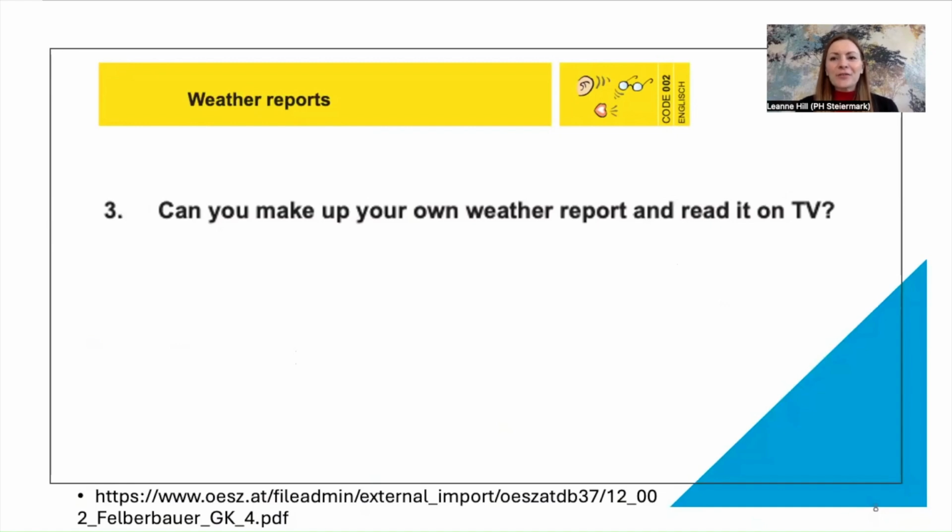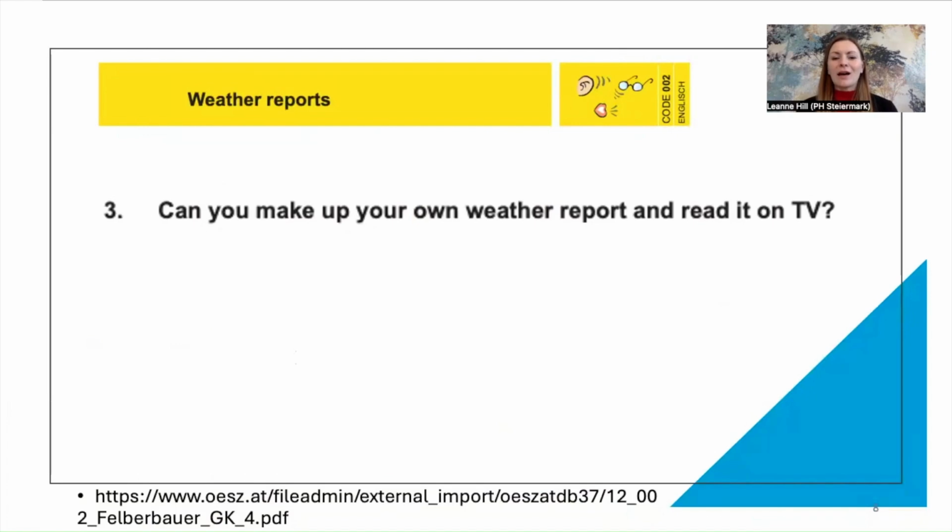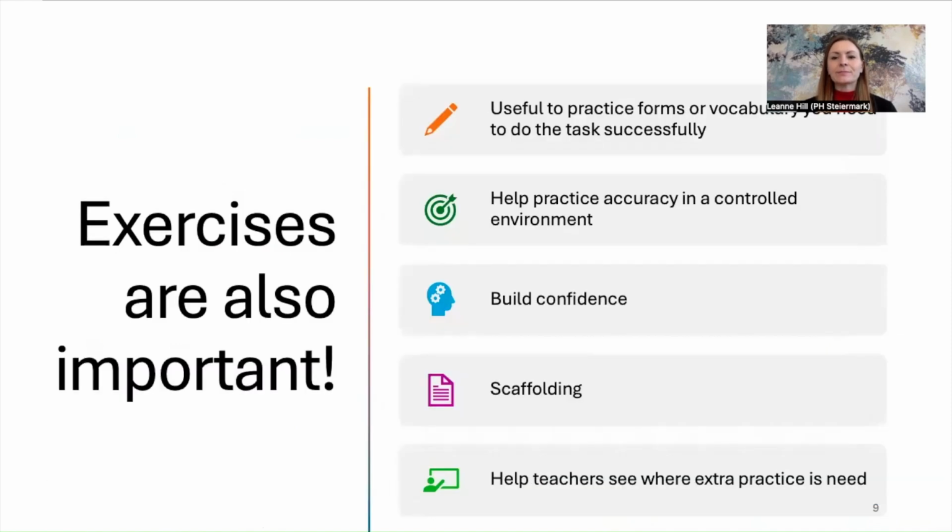There's a lot of opportunity for creativity, maybe bringing some props, maybe coming up with some crazy weather. But we needed to practice the other language first. It helps us a lot when we have learned the vocabulary in an exercise. We can then work with the language creatively and make some tasks.